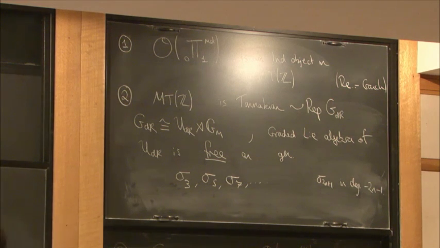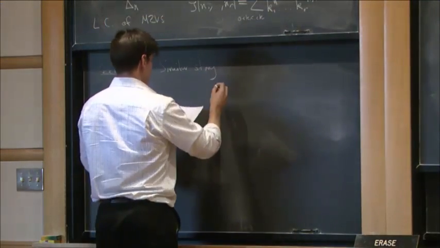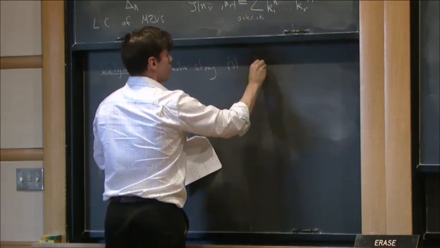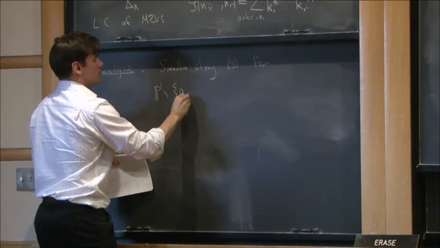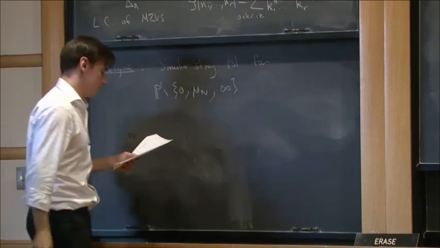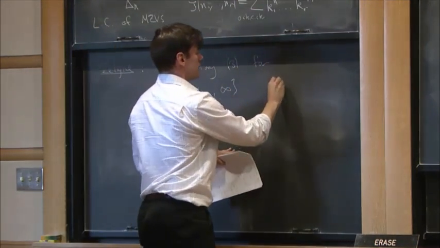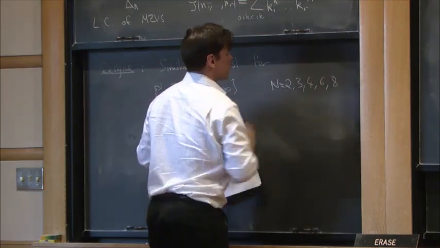But the real headache is part 3. So Deligne managed to prove the faithfulness for a different setting, P1 minus 0, the group of nth roots of unity and infinity, in the exceptional cases n equals 2, 3, 4, 6, and 8.